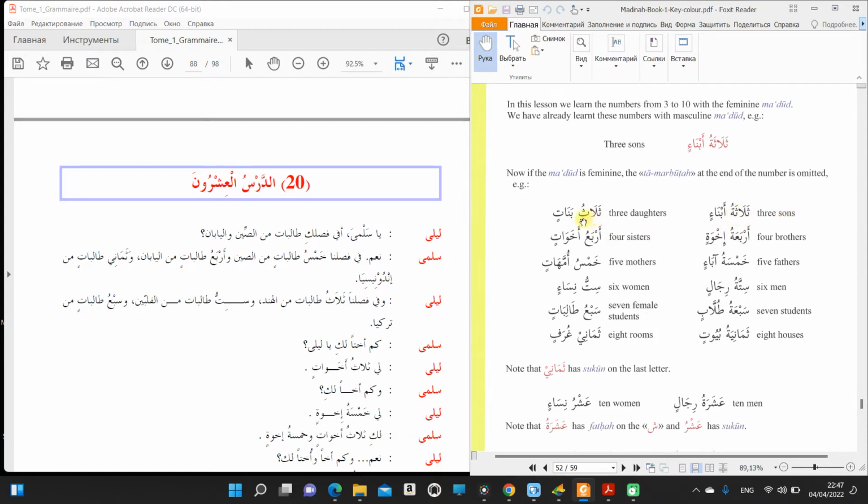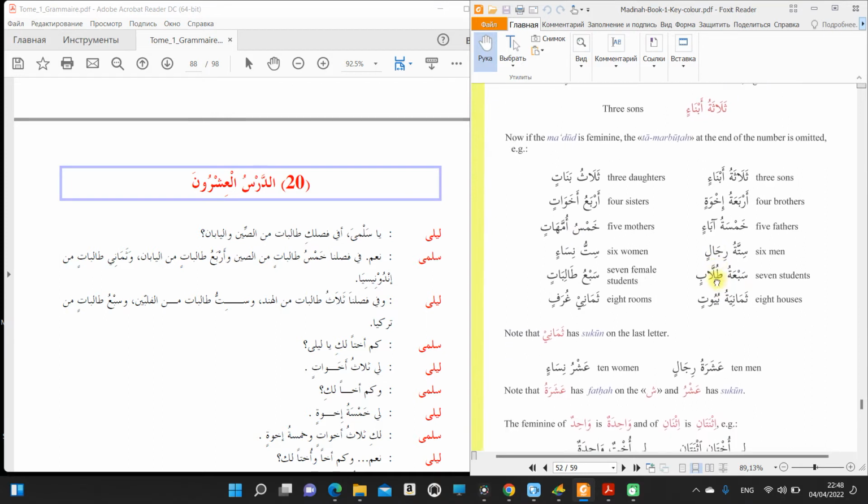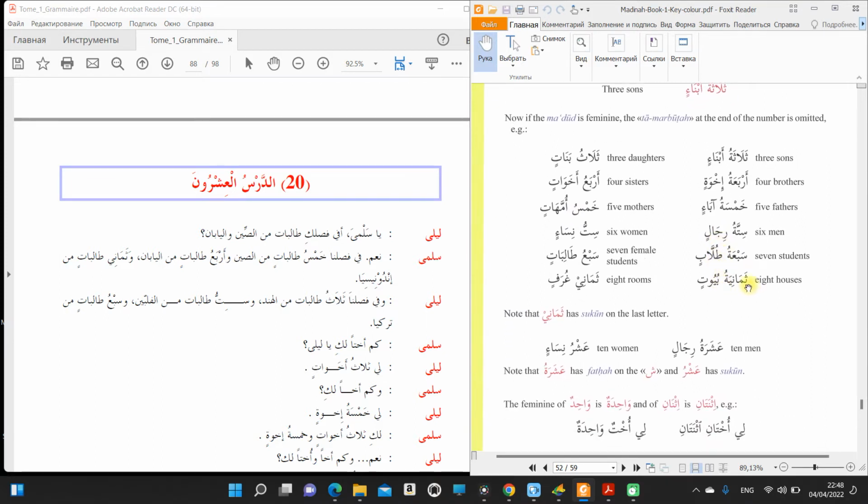But ثلاث بنات, it is feminine and this ta marbuta is omitted. That's the only difference. أربعة إخوة, أربع أخوات, ta marbuta is omitted. خمسة آباء, خمس أمهات, and so on and so forth up until the 10th.